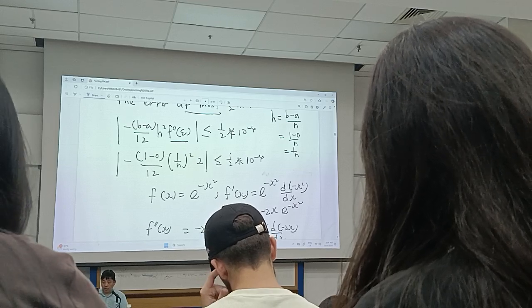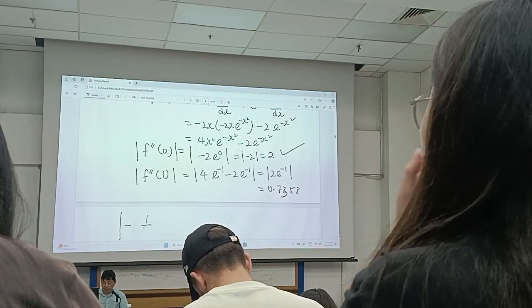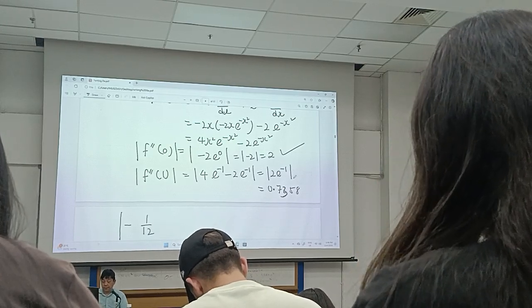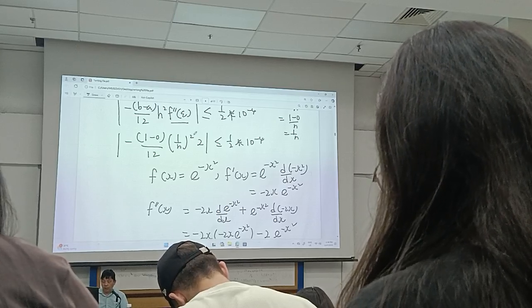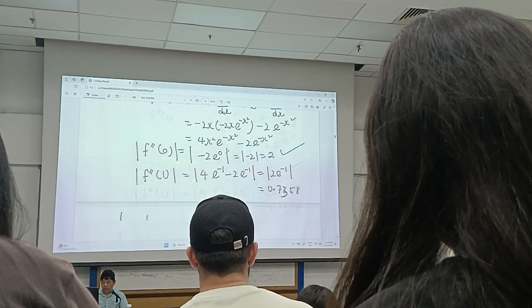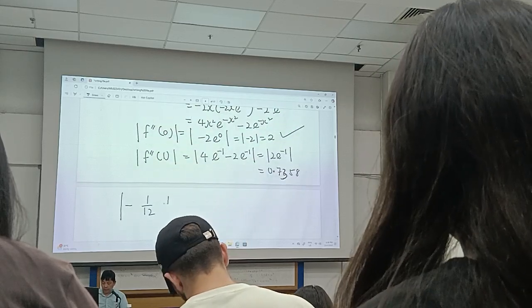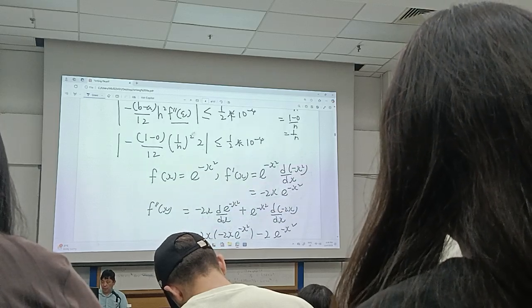So 1 minus 0 equal to 1, right? 1 over 12. Okay. So 1 power 2 equal back to 1. N power 2. Okay. 1 over n power 2. And this maximum value here equal to 2.